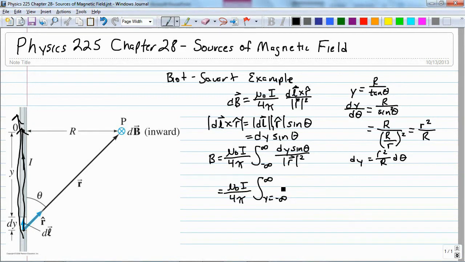I want to keep track that these were the limits for y because I've changed it now. I'm going to have r squared d theta over R, and then I'm going to have sine theta over little r squared, because that's just our distance, and that simplifies out.